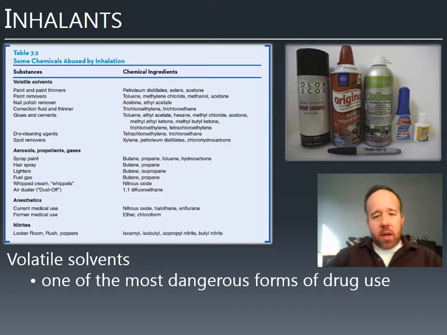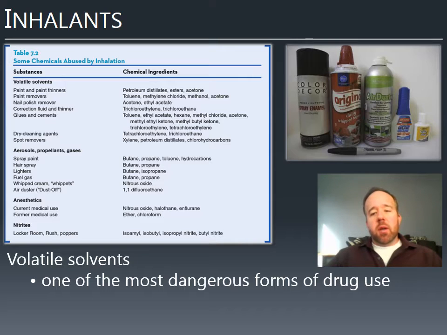Oftentimes these are aerosol cans or things like gasoline, turpentine, paint thinner, and drugs often have their pros and cons, but when it comes to the volatile solvents, this is really one of the most dangerous forms of drug use. It tends to have long-term toxic effects on the brain, kills brain cells.